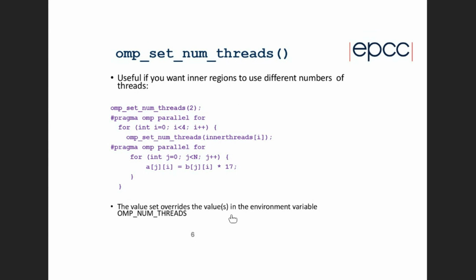If you do use the omp_set_num_threads routine and you modify the internal control variable, then that overrides what you set in the environment variable. So the environment variable gives that internal control variable an initial value, which you can then override by calling the corresponding setter routine for it.